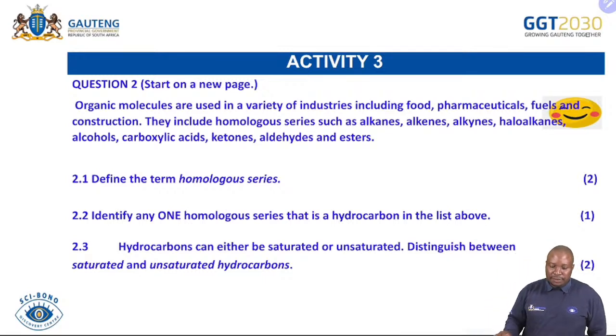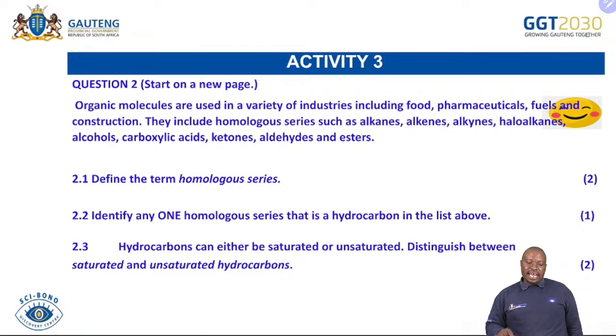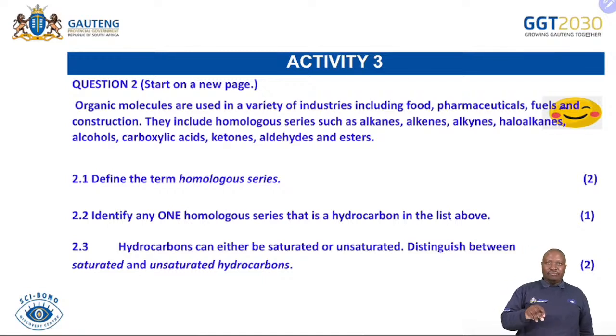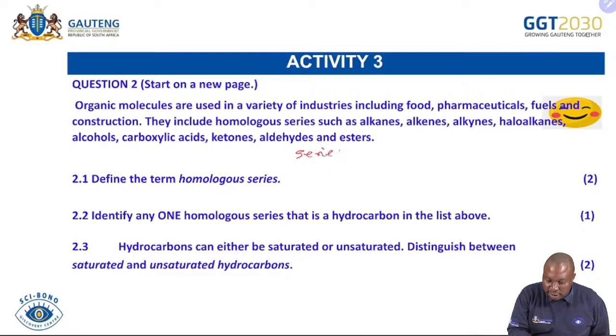Now, the first question was to define the term homologous series. Remember, we said for you to define the term homologous series, you must know how they are described. This is a series of organic molecules. So you will always say this is a series of organic molecules, always organic molecules, because we are talking about organic molecules.